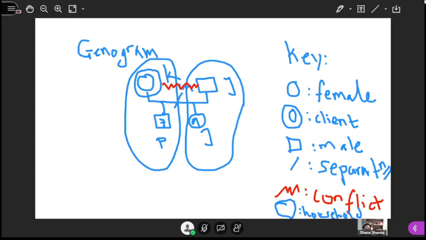Maintenant, EcoMap. The EcoMap would be like in the middle, you might put whoever is in the client's household.